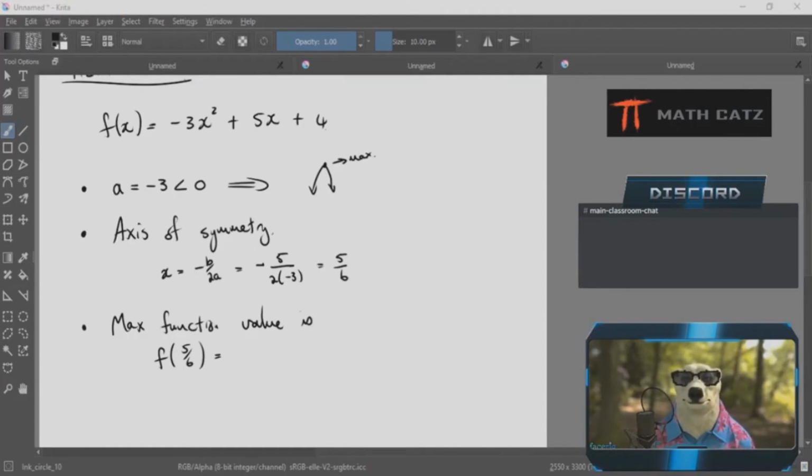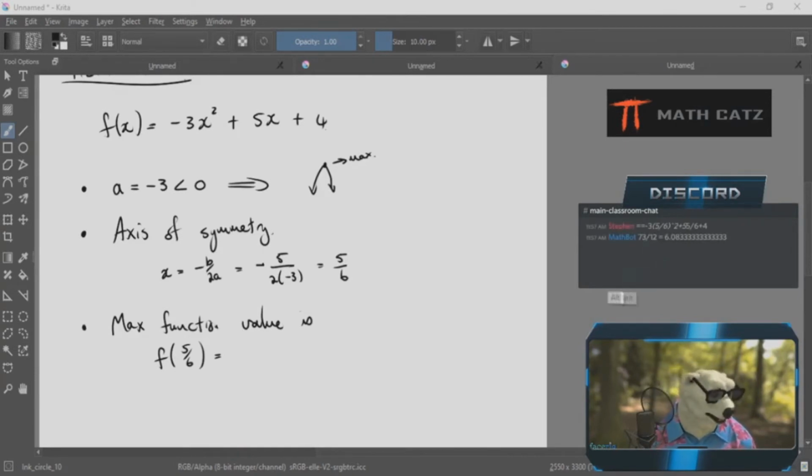So I just have to slowly put 5 over 6 in everywhere, and let's see what we get. So I have -3, oops, no, 2 equal signs, MathBot. -3 times, I have to square 5 over 6. Then add 5 times 5 over 6. Then add 4.